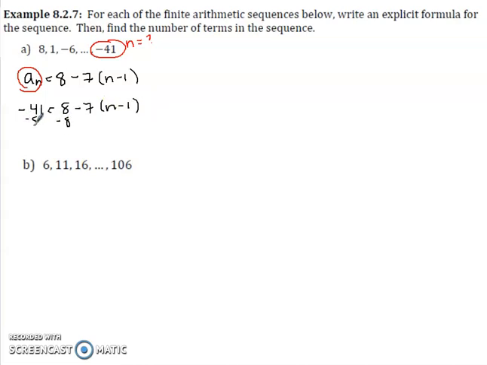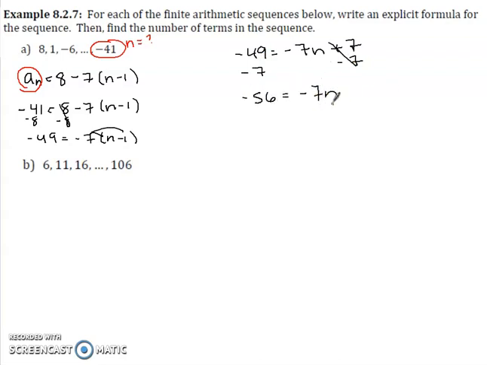So I subtract 8. Negative 49 is equal to negative 7 times n minus 1. If you want to distribute, you can. Negative 49 is equal to negative 7n plus 7. I subtract 7 from both sides. This gives me a negative 56 is equal to negative 7n. And dividing by negative 7, I find that n is 8.